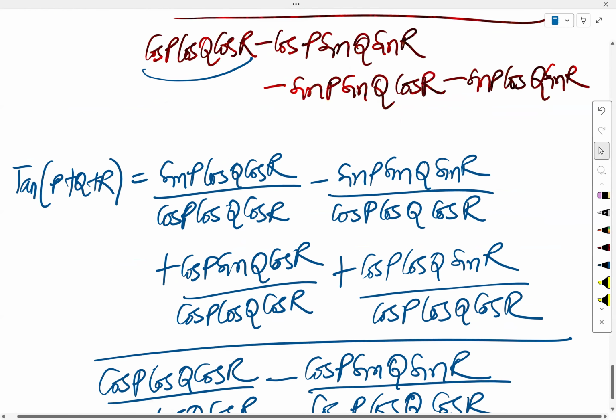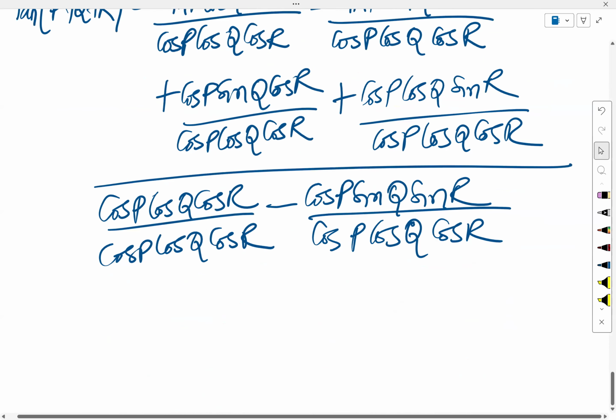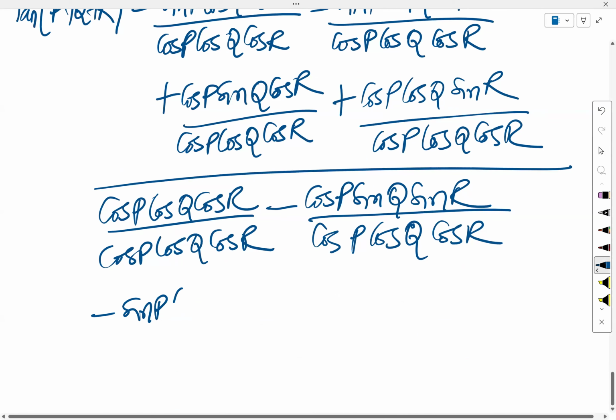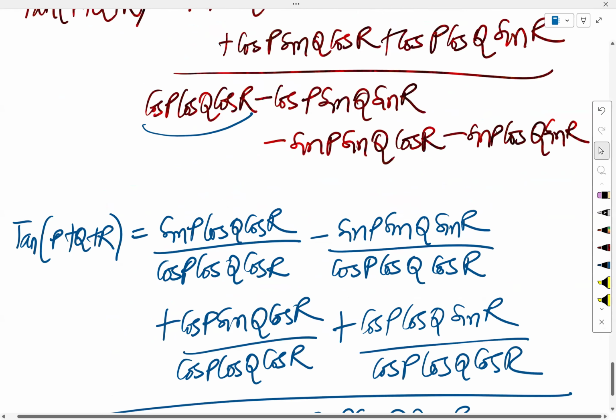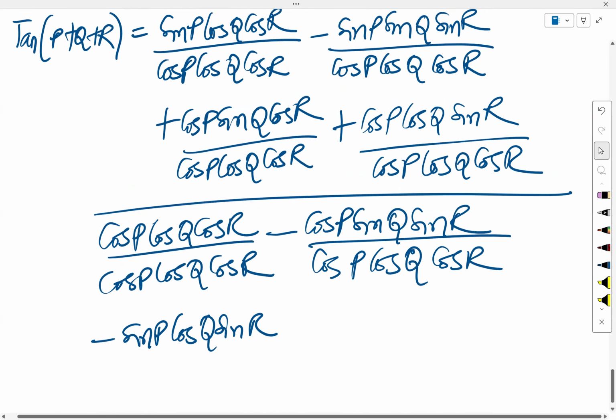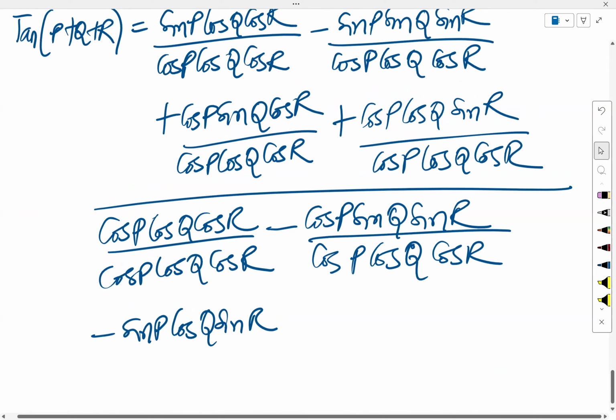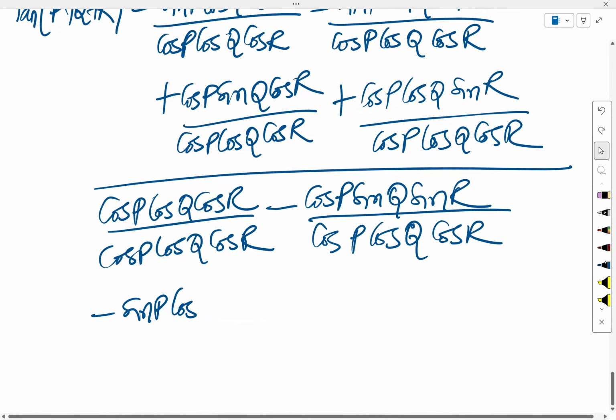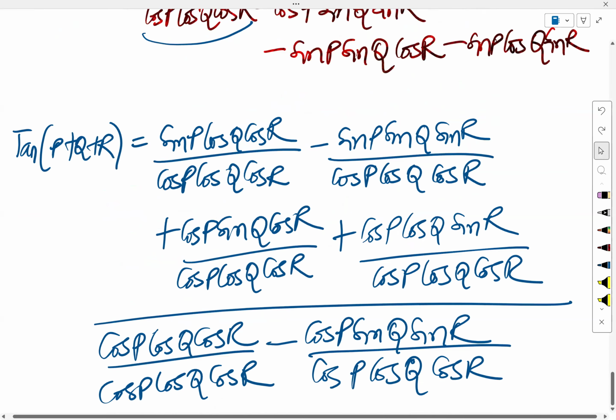And then we have the other two, minus sine P sine Q cos R and minus sine P cos Q sine R. We've done cos sine sine, now it's sine cos sine.